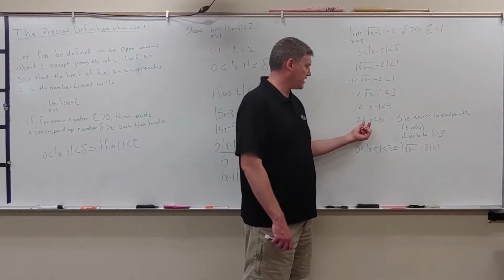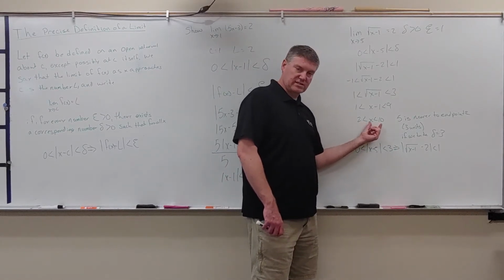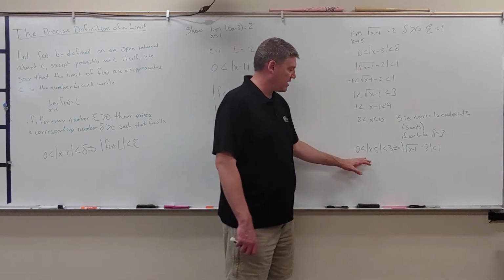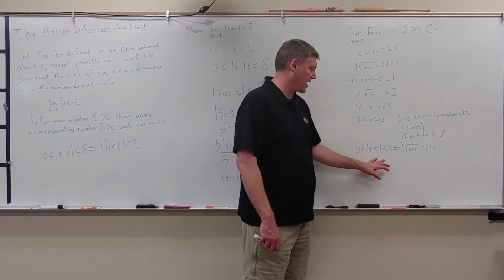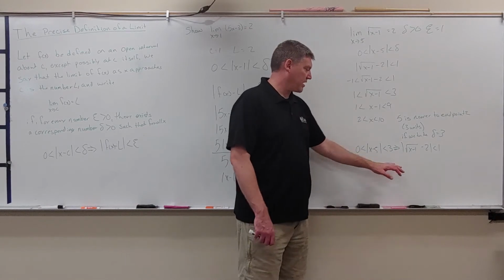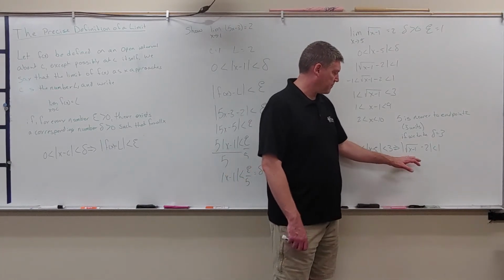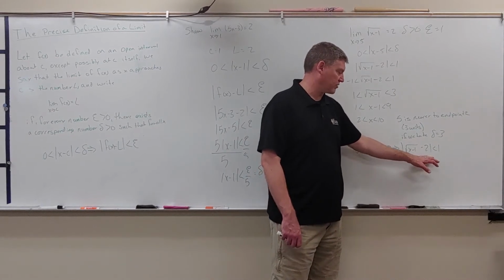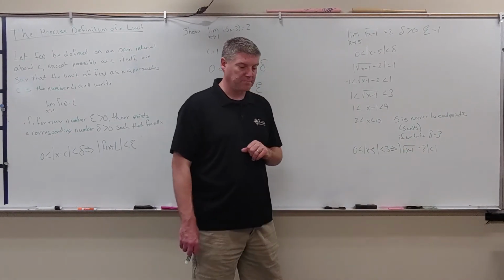Because if we take delta to be 3, we know we're inside this 10 also. So the absolute value of x minus 5 is less than 3 for all x where the absolute value of the square root of x minus 1 minus 2 is less than 1.